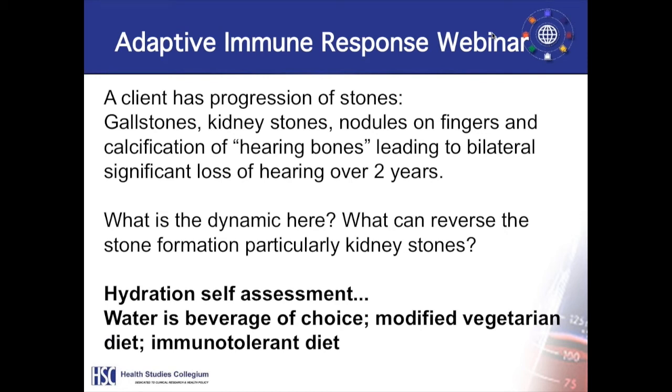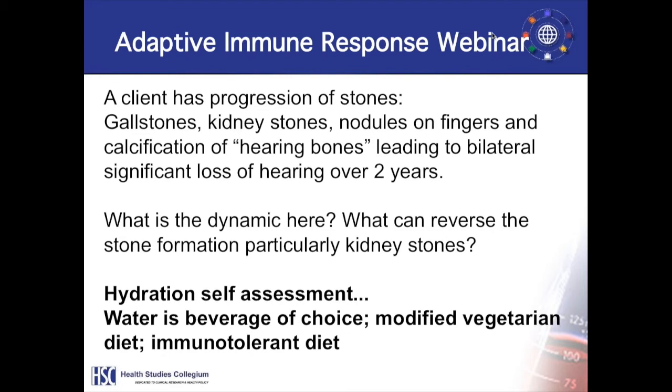Well, with regard to kidney stones, since that seems to be the primary concern, the answer is hydration. If you have enough water as your beverage of choice to keep the urine dilute, only in a concentrated urine can a stone form. In dilute urine, a stone cannot form.